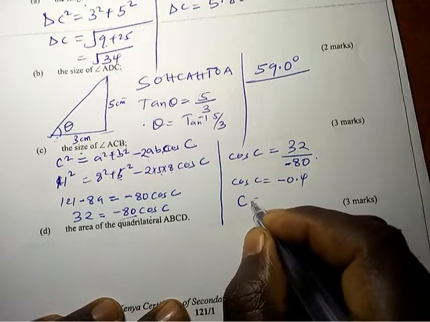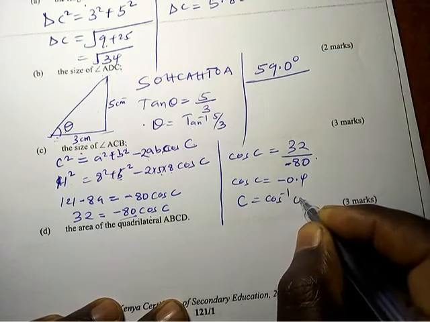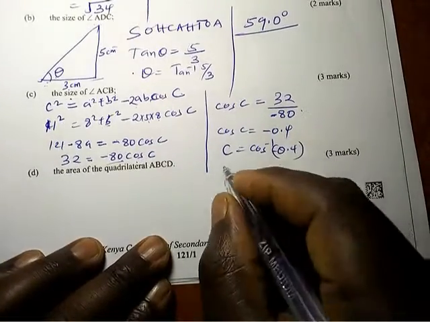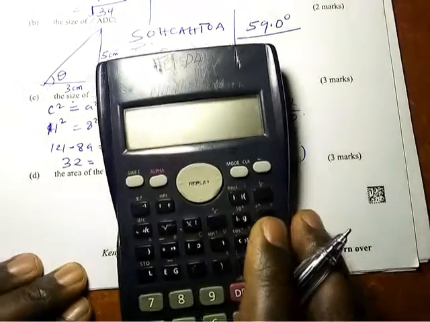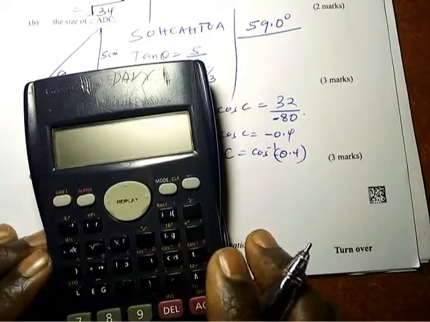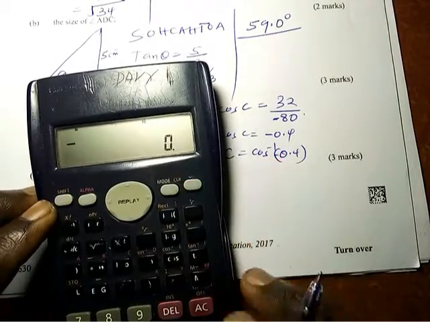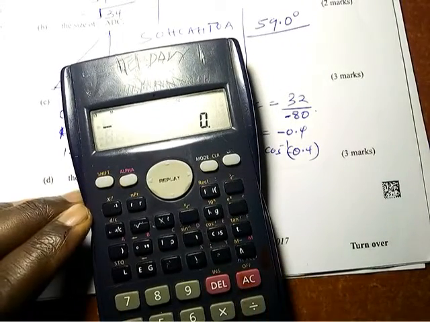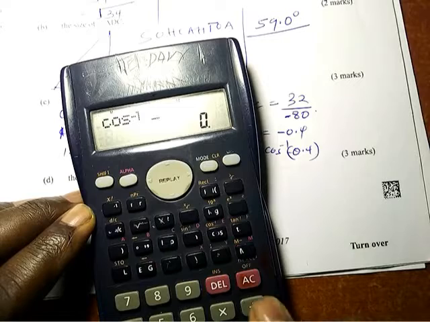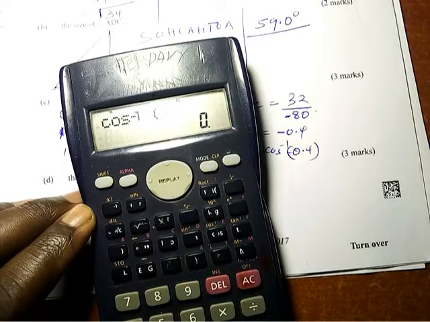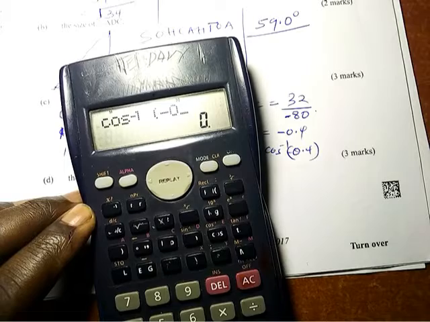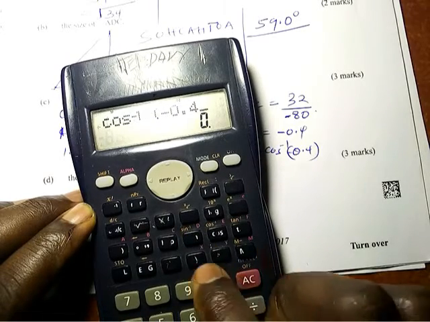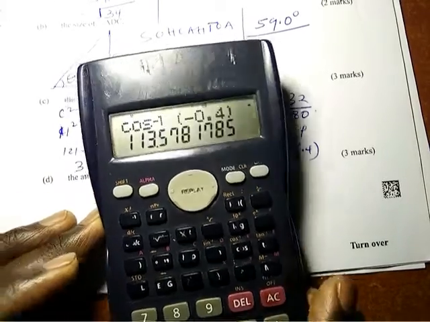So to get C, we find the cos inverse of negative 0.4. You take your calculator, you press shift, cos, that is inverse, you open bracket, you insert negative 0.4, you close, and it gives you the answer.